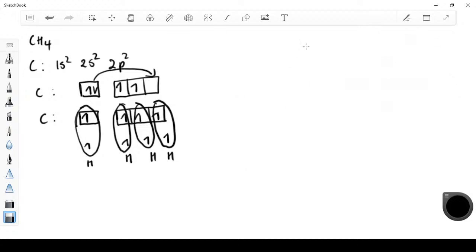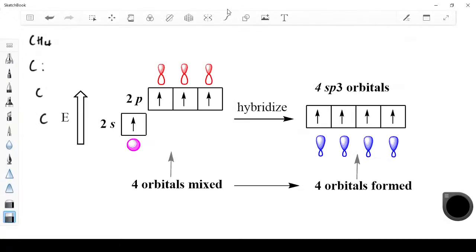Now, if I were to bring up an image of this orbital combining with the p orbital, you would know that the shape would change. Okay, so hybridization occurs from a spherical and a dumbbell shaped orbital.